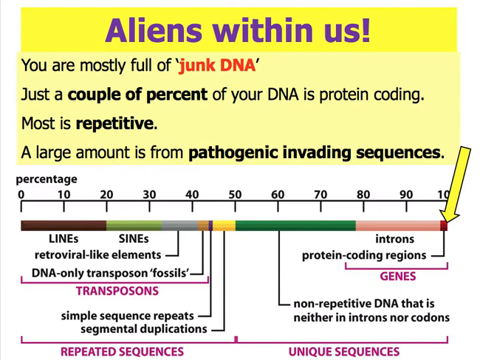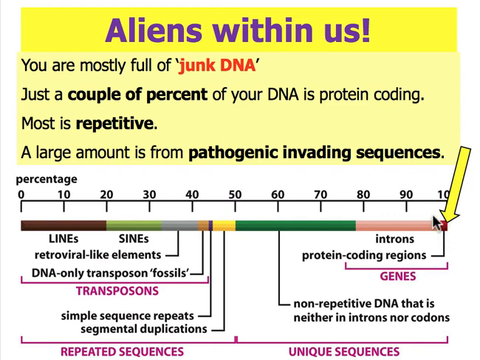Based on the latest understanding of what different parts of our DNA do, we can come up with a diagram such as this. The top bar represents all the DNA along all our chromosomes. If that DNA is then classified into different types, we find that only a tiny fraction, about 2%, is coding for genes.